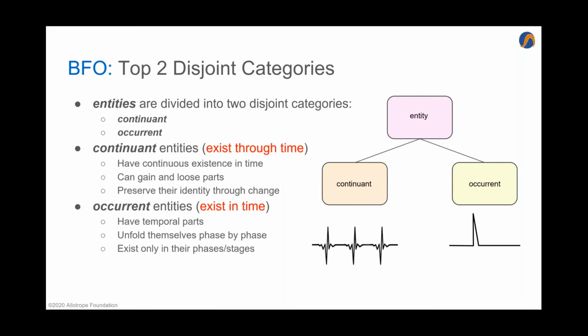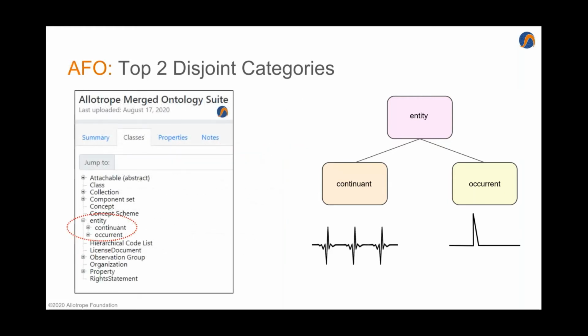They still have the same identity. While the occurrents have temporal parts, they unfold themselves phase by phase, and they exist only in their phases or the different stages. And we see the AFO entity and then splitting into continuant and occurrent.